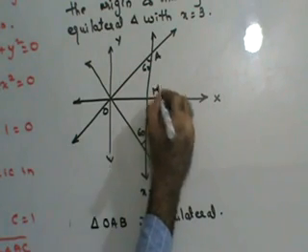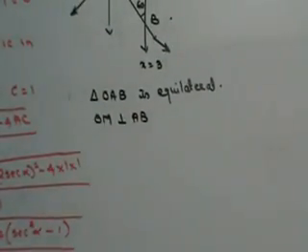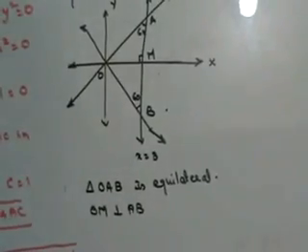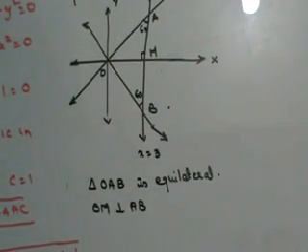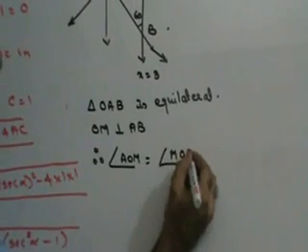Therefore, I can say that OM is perpendicular to AB. Perpendicular from the vertex to the base bisects the vertex angle. That means I can say that angle AOM is equal to angle MOB.